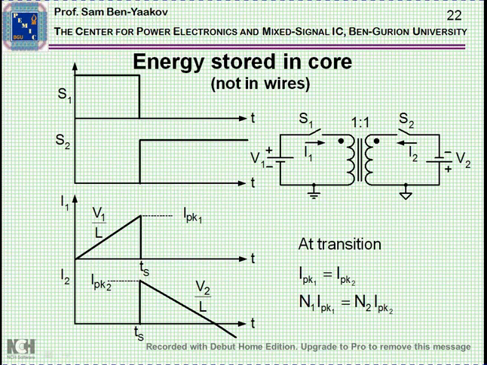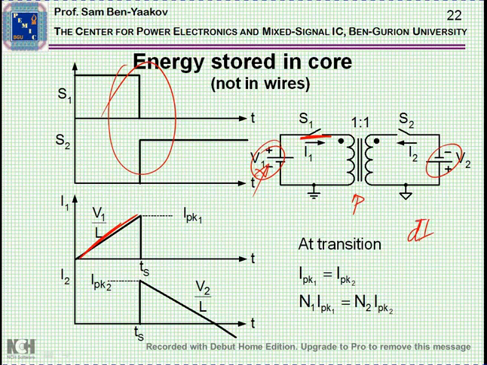Now, in the case of a coupled inductor which will be connected, say, to two voltages, and here's again the same switching arrangement, what you will see is that when V1 is connected, current will go up linearly because di/dt is V over L. V is constant, L is constant, so you'll have a constant slope here.